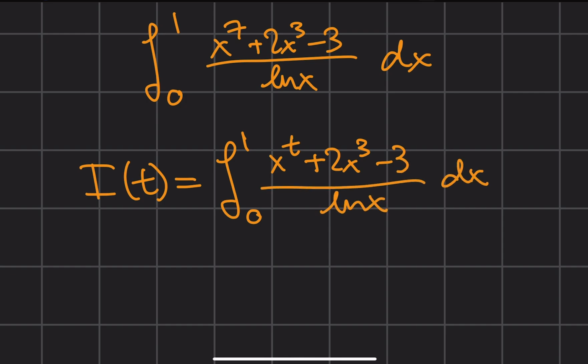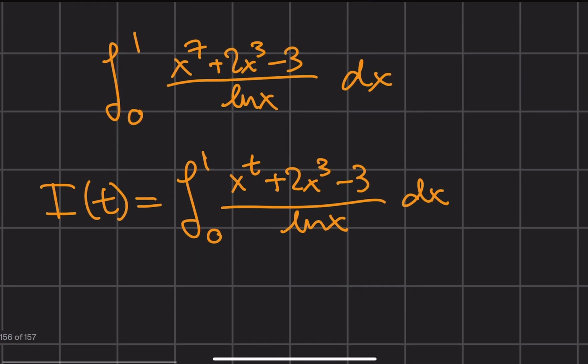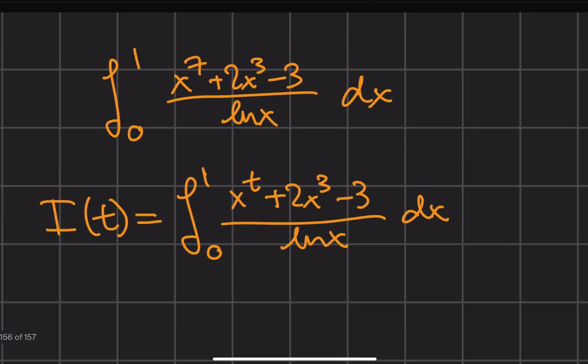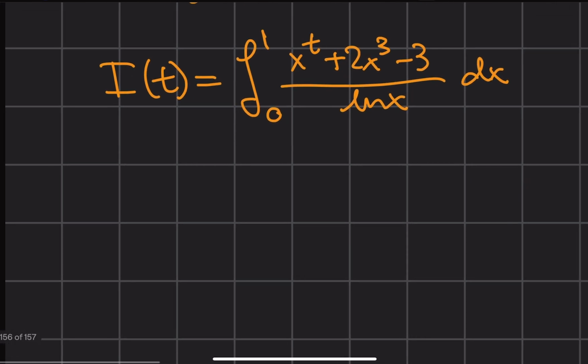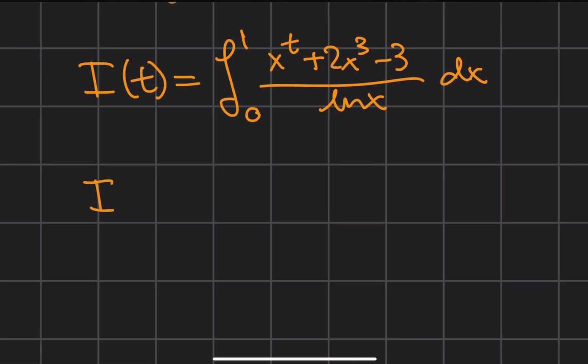So notice that I've entered the parameter t into this integral equation. Okay, well, what does this have to do with my previous integral? Well, if t is 7, then I have the original integral. So the goal is to set up a parameter and then differentiate under the integral. So let's differentiate both sides.